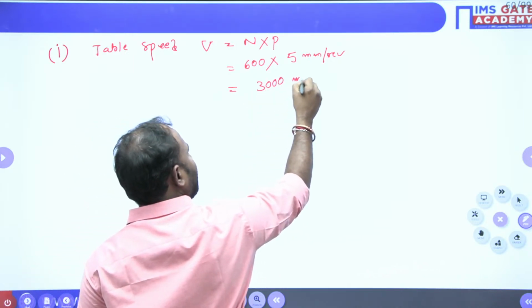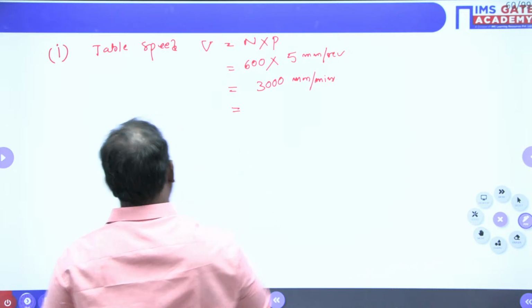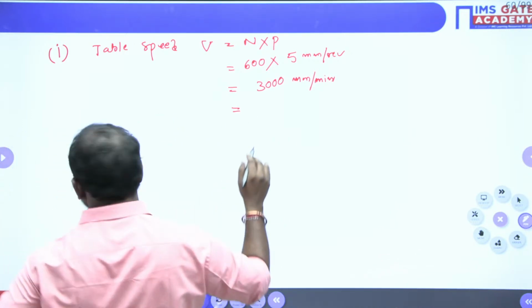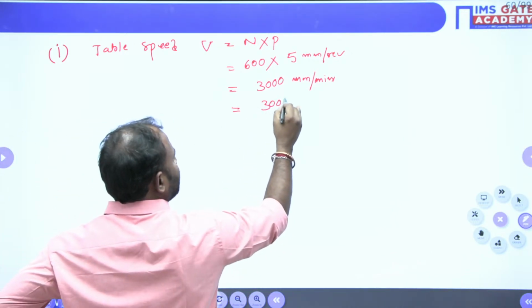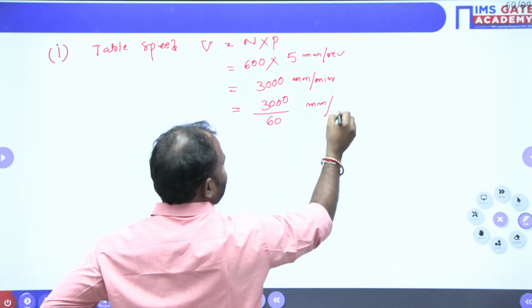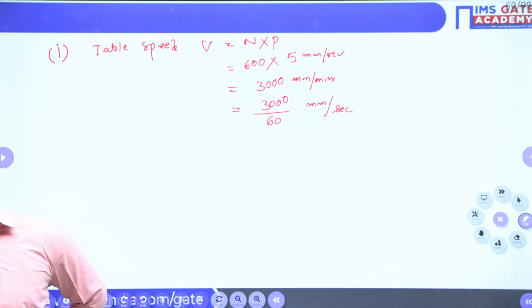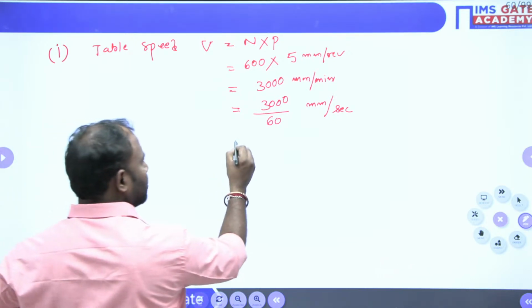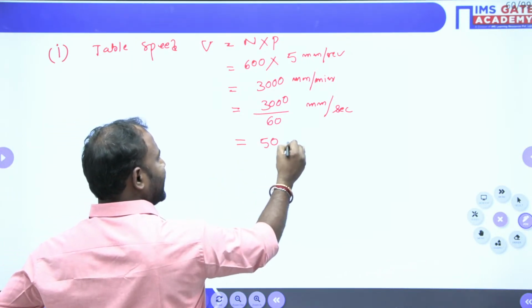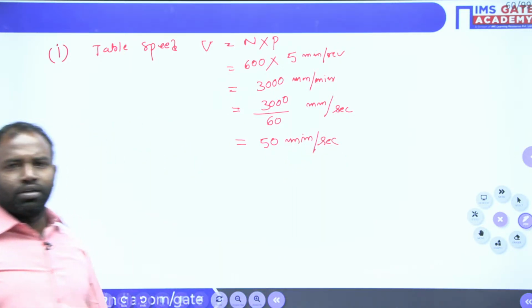From there, 3000 divided by 60 gives mm per second. Clear everybody? So you get 50 mm per second. Table speed is equal to 50 mm per second.